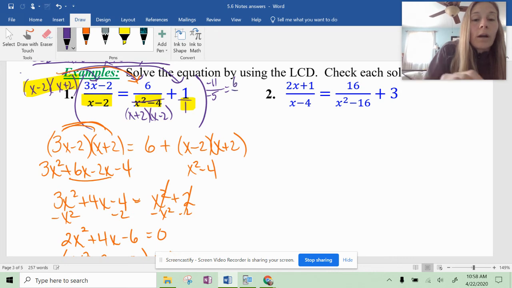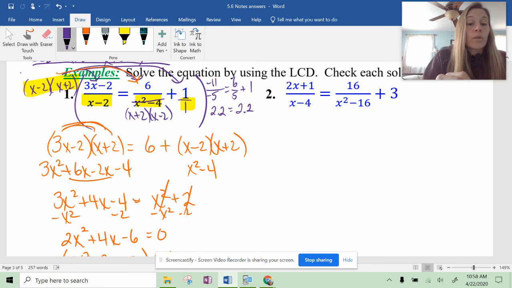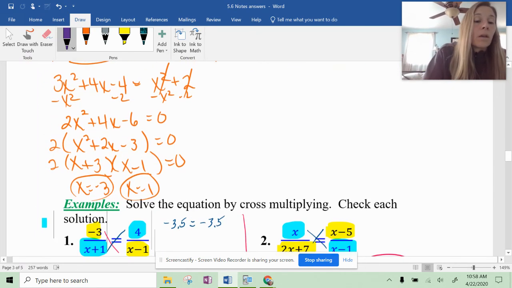And then over here, I would have negative 3 squared is 9. 9 minus 4 is 5. And then plus 1. So 11 over 5, which is really 2.2. And then over here, you have 1 plus 1.2, so that would also be 2.2. So that's going to work. So the first solution that we got does work.